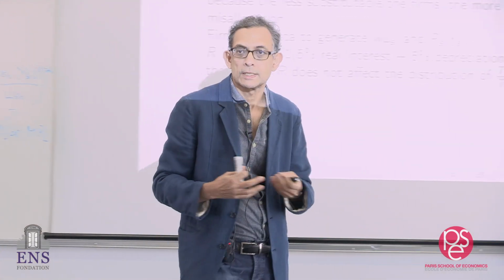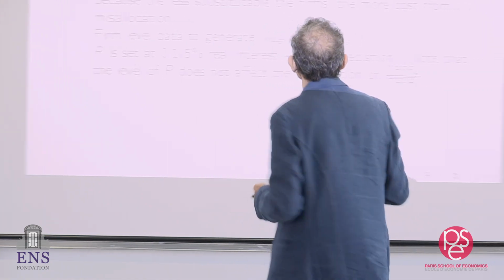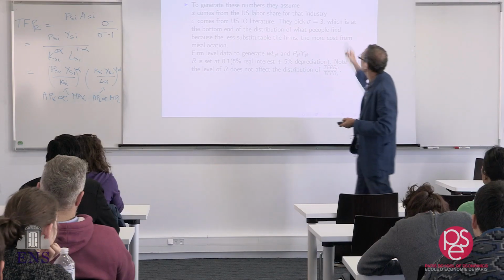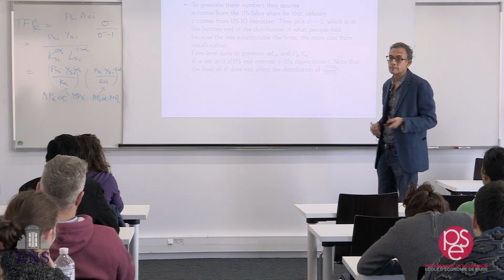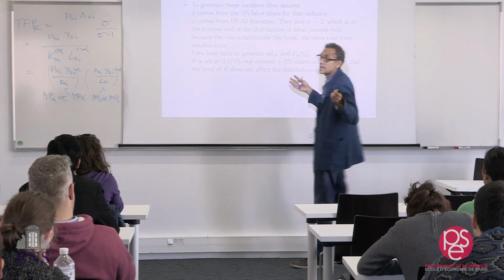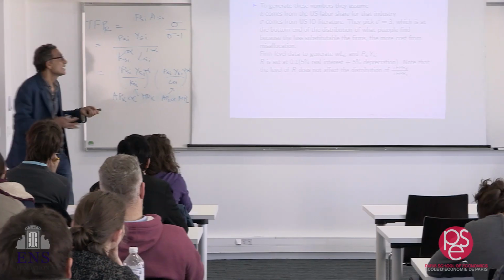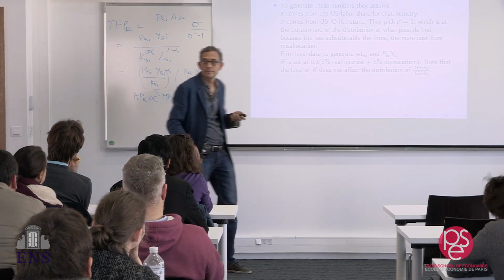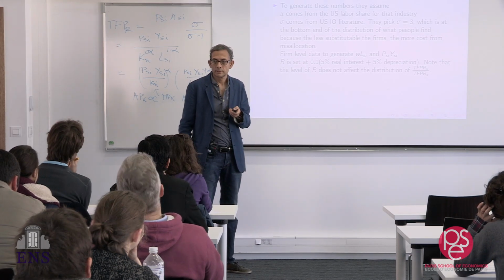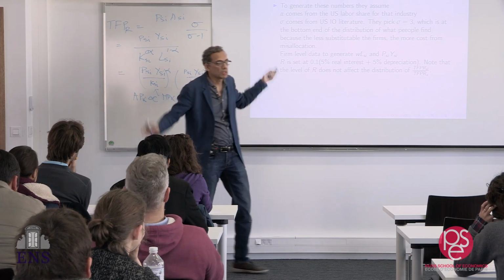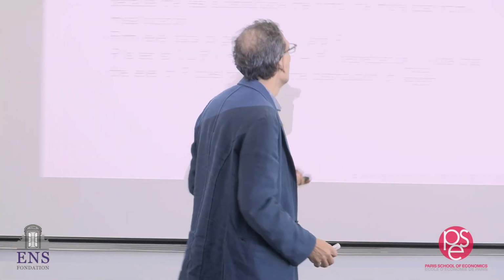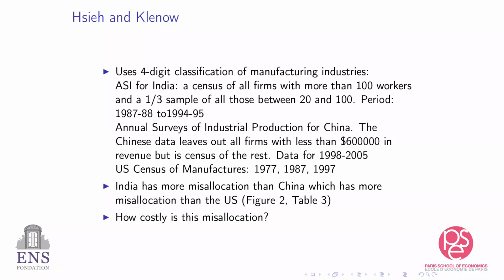And for alpha they use the US labor share. Remember with Cobb-Douglas, the share of output going to labor is exactly the Cobb-Douglas coefficient. Okay, so they take those numbers, they plug it in, and then they go, what's the data?